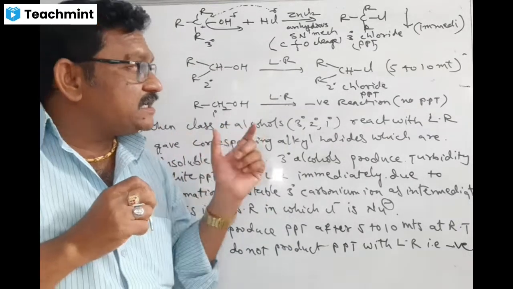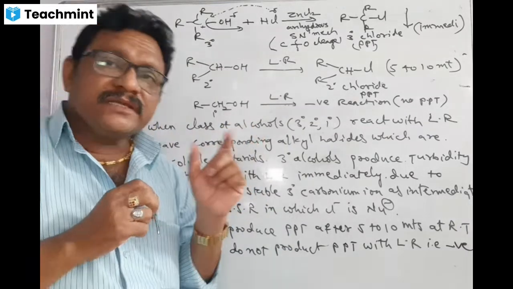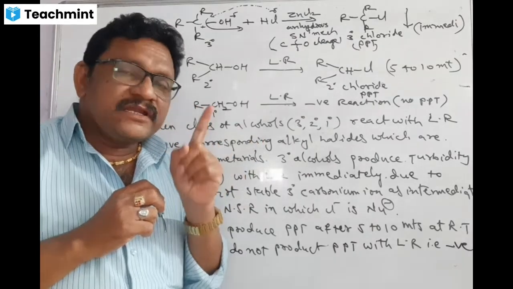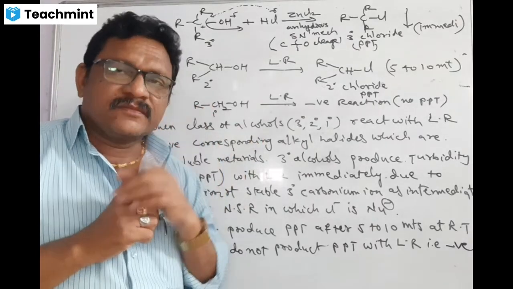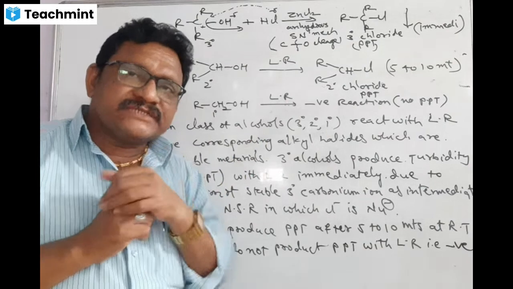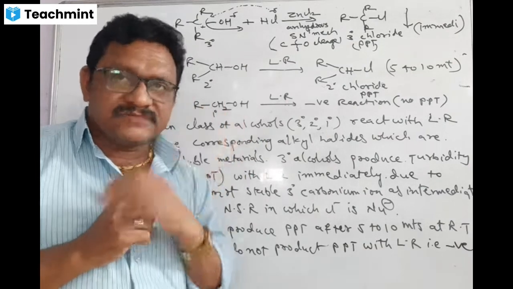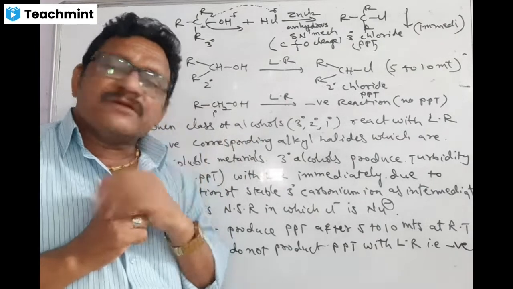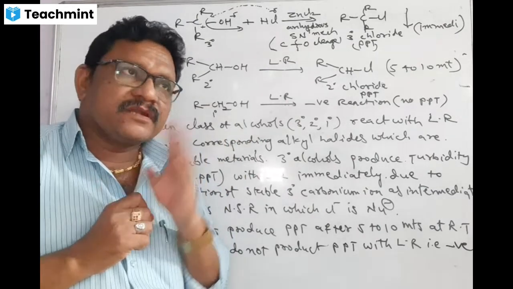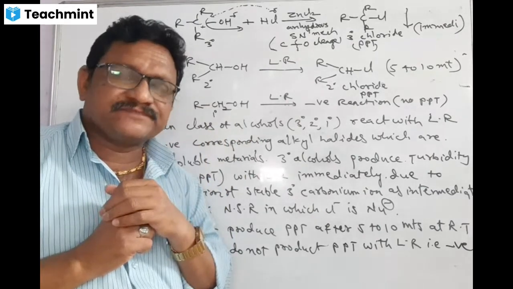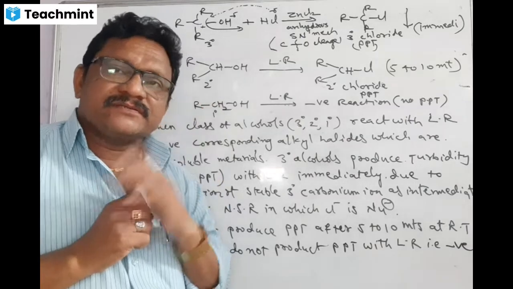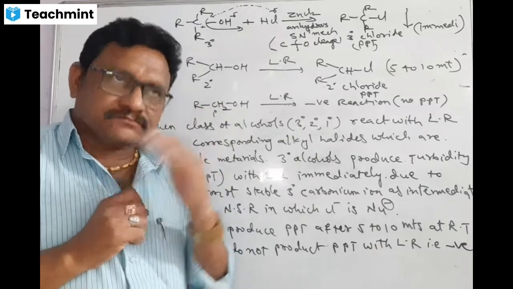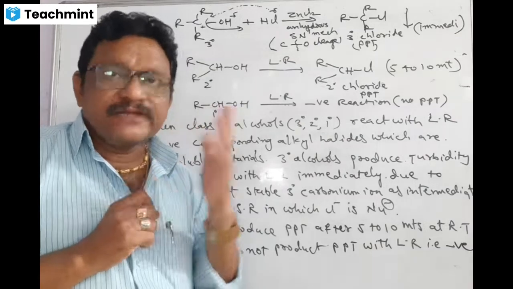Particularly, a tertiary alcohol gives turbidity immediately due to the formation of a stable tertiary carbonium ion. Under GOC, General Organic Chemistry, we studied different types of electronic effects: inductive effect, mesomeric effect, hyperconjugation, electromeric effect, and inductomeric effect.